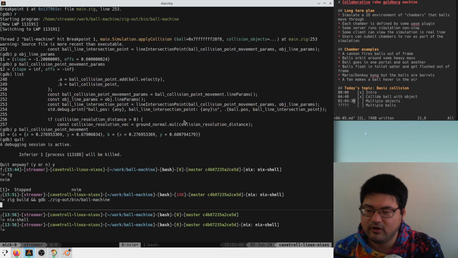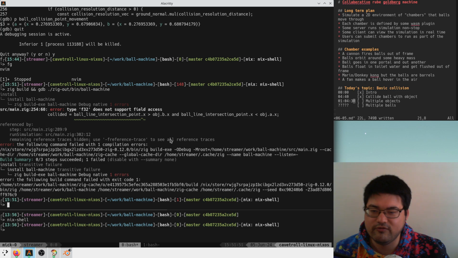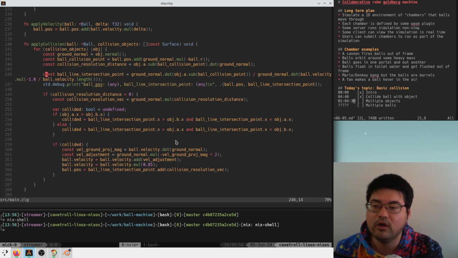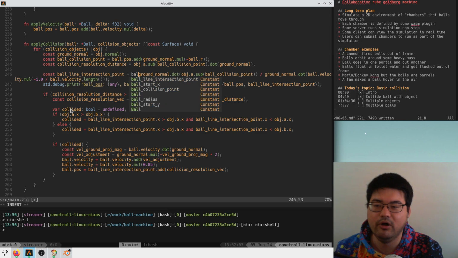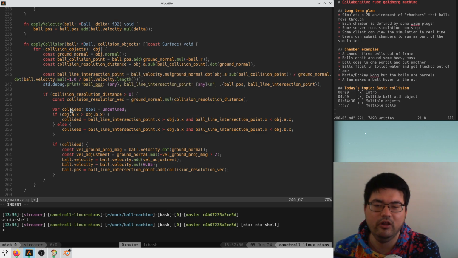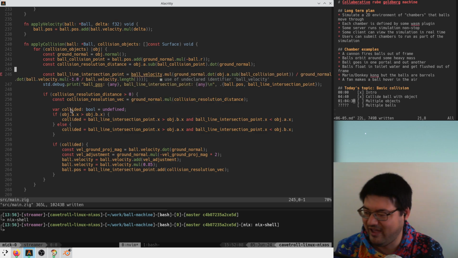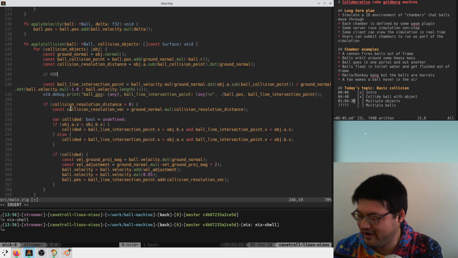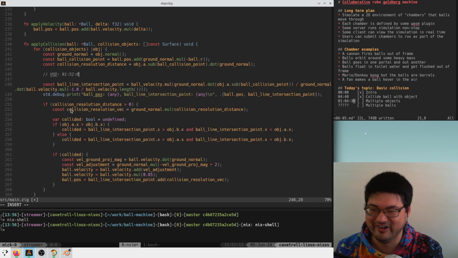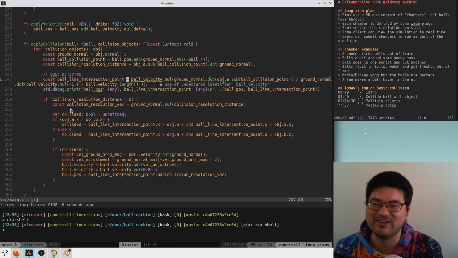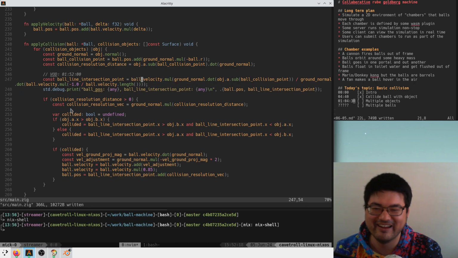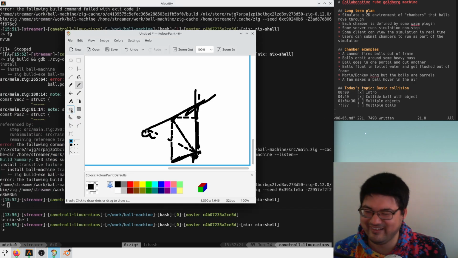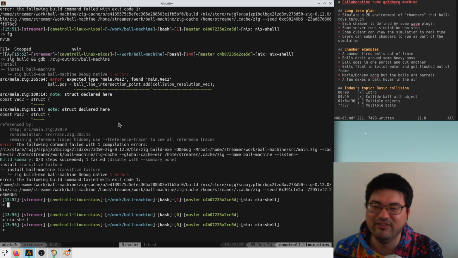I think based off the drawing, it feels like it works, but then this needs to be multiplied by the direction of the velocity. So this is ball velocity. And then I'm just gonna say VOD 0152. This is how I'll track it back, because later I'm gonna have to fix this.